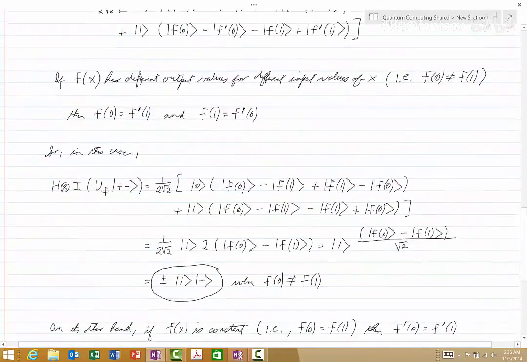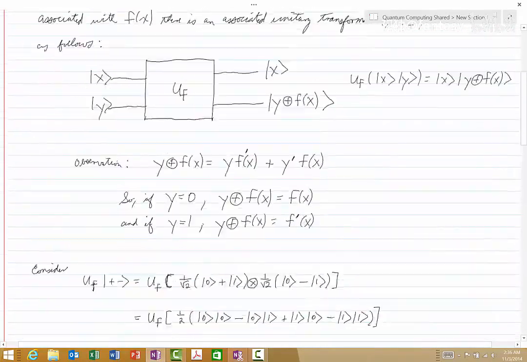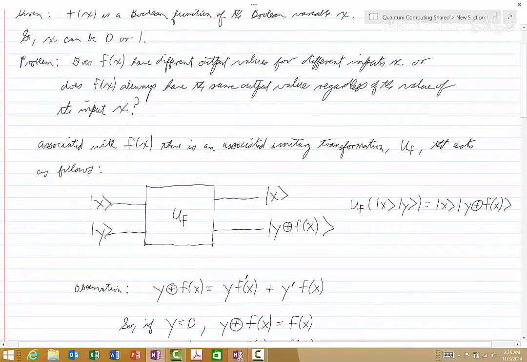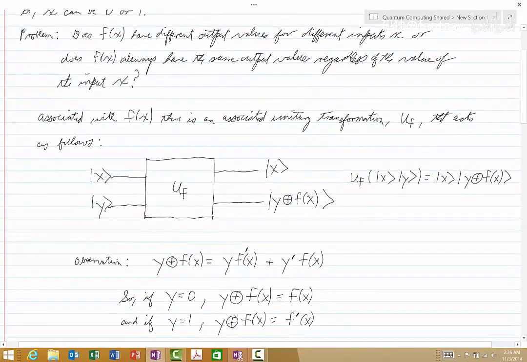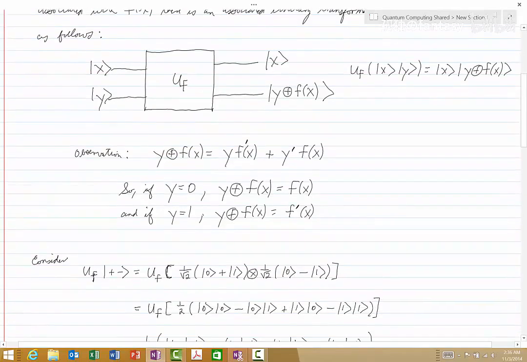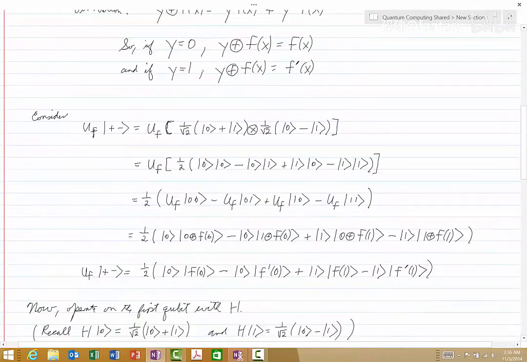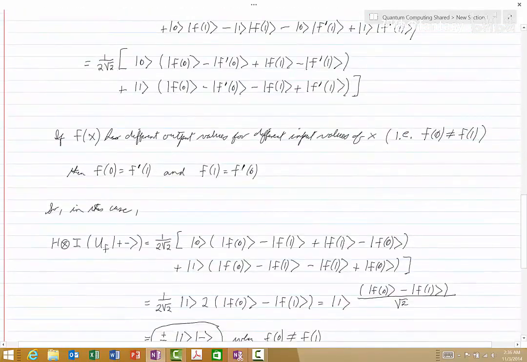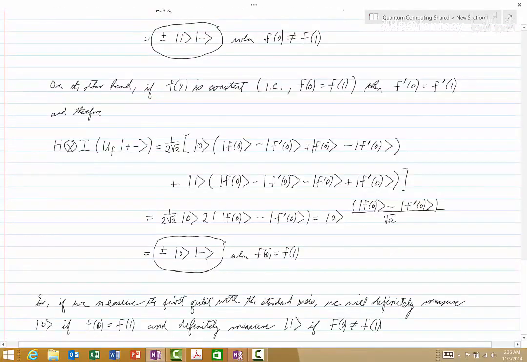And so with just one call to this unitary transformation, inputting only that one input, plus minus, we have been able to determine whether the function f is a constant function or what they call a balanced function, meaning it's equal to 0 half the time and 1 half the time.